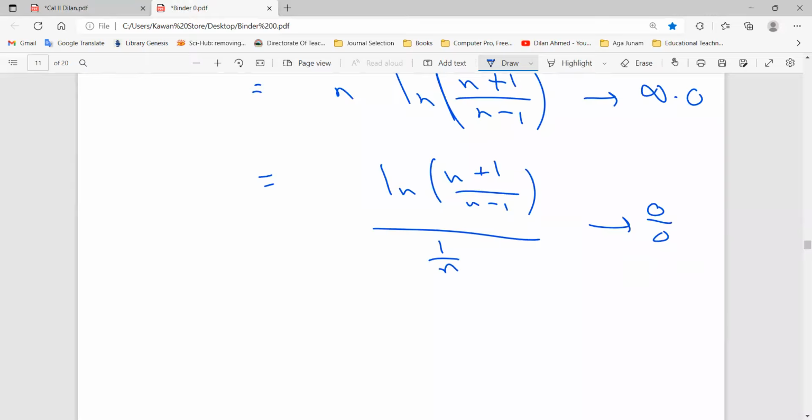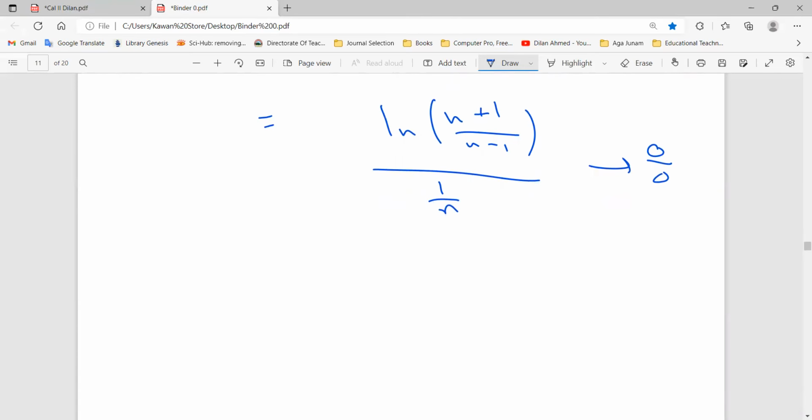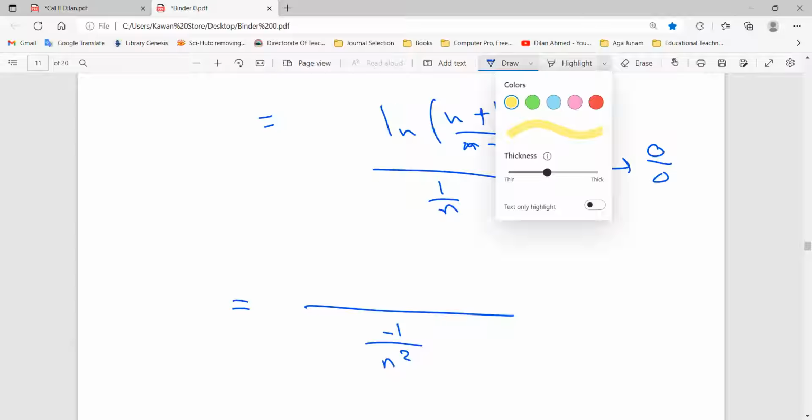Now it's time to take what? L'Hôpital's rule, right? Derivative of the numerator, derivative of the denominator. Yalla. Derivative of the denominator for me. Okay, it is equal to what? Am I right? Okay. How about the numerator's derivative?